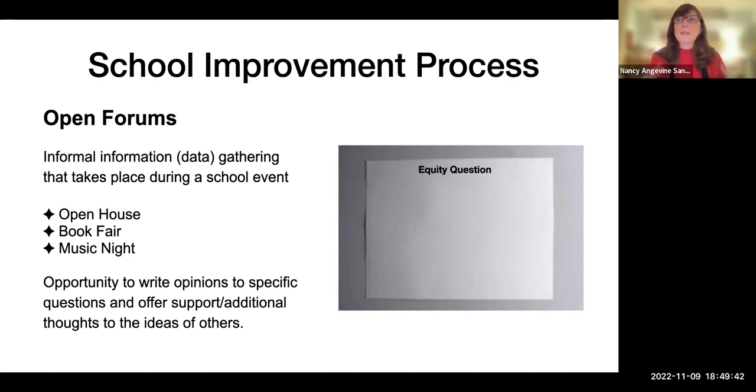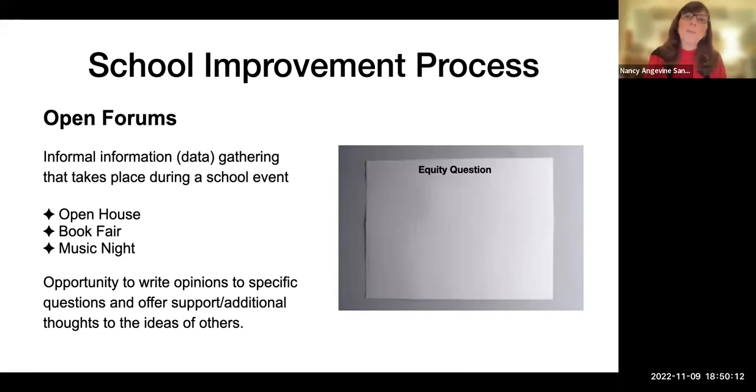As I said, this can be done in a hallway up on the wall. It can be done in a classroom where there's different sheets at different tables. It's suggested that there be someone by each question, and you might want to have 2 or 3 sheets for each question if you have a big turnout at these events, but that there be somebody there who can answer any questions that the parents might have.